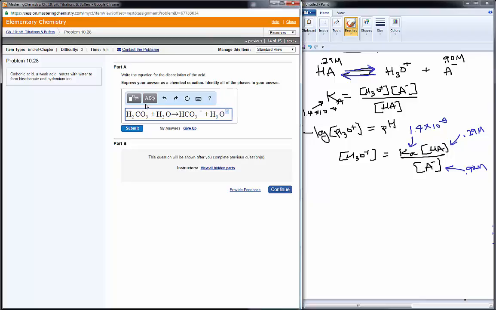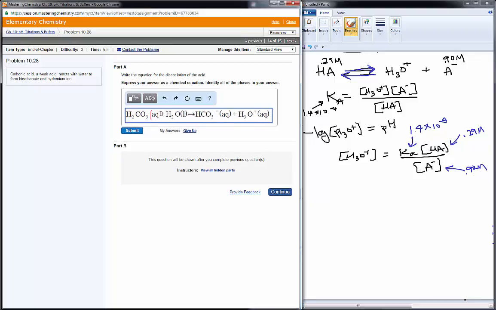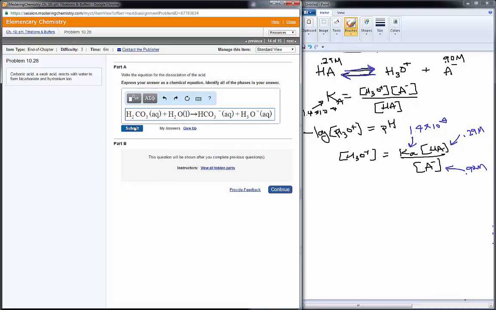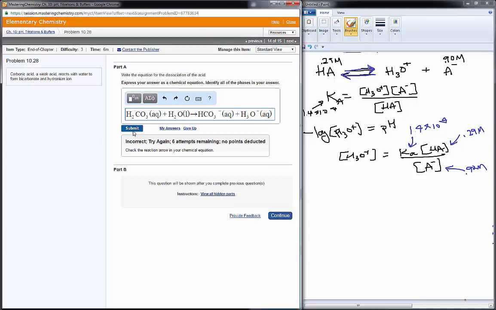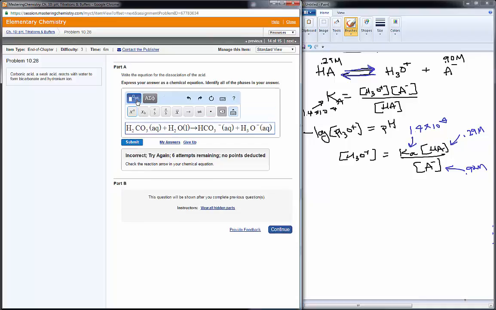They want phases, so that's going to be aqueous, and this is aqueous, and this is a liquid, and this is aqueous. Oh, I'm sorry. They want the double arrow.